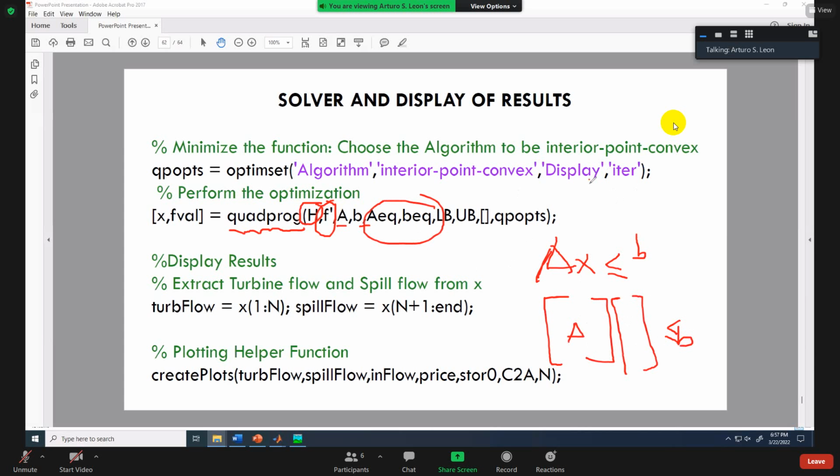Now you have the same X, and now it's equal, and this is a vector called BEQ. Okay, so guys, we are setting up that one.